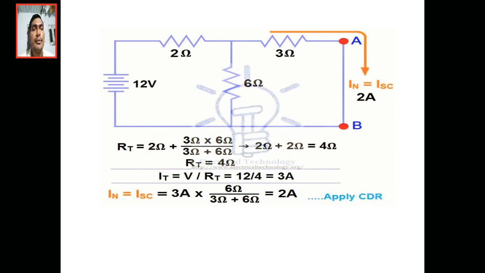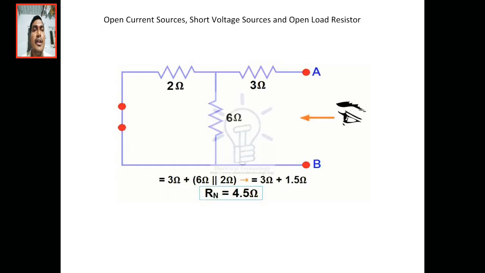By observing from the AB terminals, 2 and 6 are in parallel and in series with the 3 ohms.